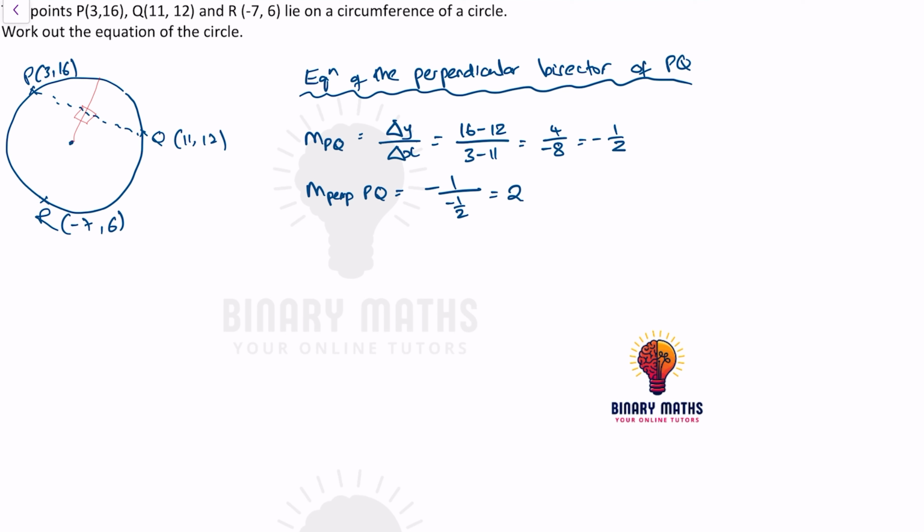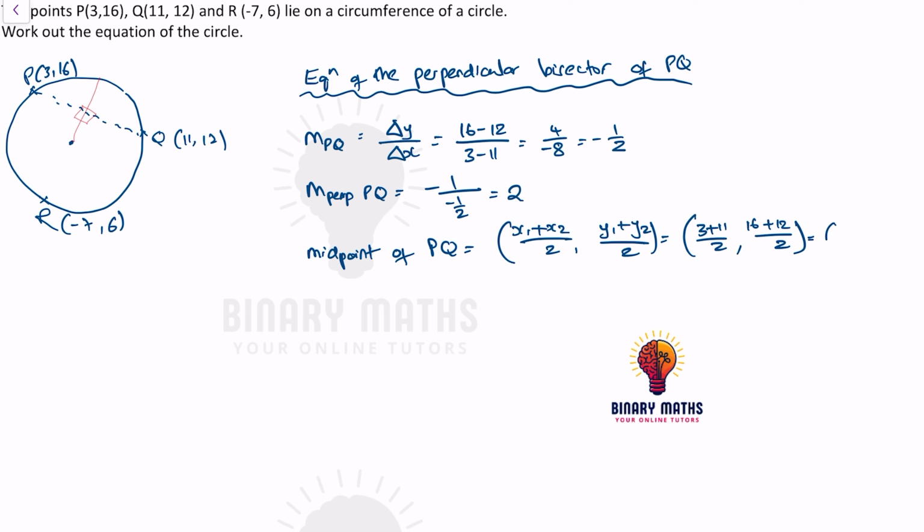Now I need to find the midpoint, because obviously if it bisects, the point that it goes through is the midpoint of P and Q, which is x1 plus x2 divided by 2, y1 plus y2 divided by 2, which is 3 plus 11 divided by 2, and 16 plus 12 divided by 2, which is equal to (7, 14).